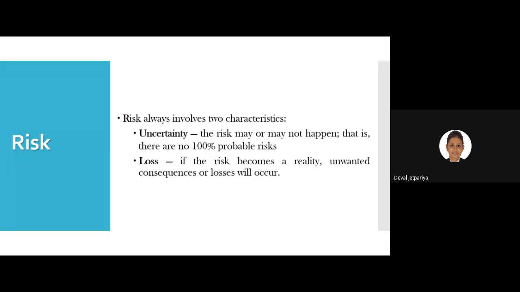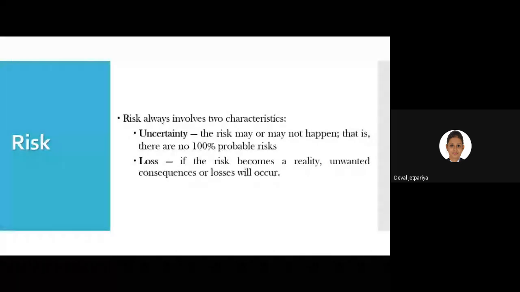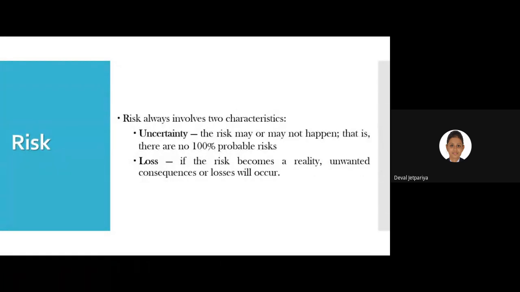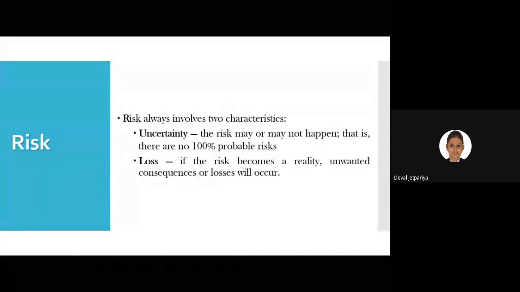Fine. Two characteristics of our risk. The one is uncertainty. The second one is loss. Loss is an entity which directly gives you the result perspective of your risk, and uncertainty is a kind of situation, right? In uncertainty, the risk may or may not happen. That is, there is no 100% probable risk, right?